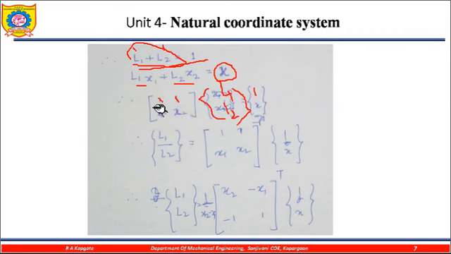So how many rows are here? One row and two columns. Here two rows and one column. So ultimately one column and two rows.